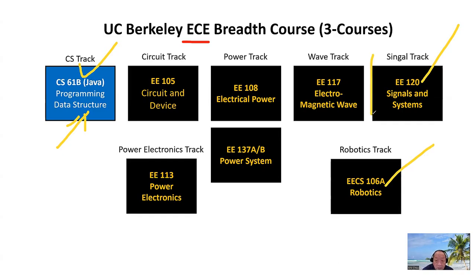These are the requirements if you want to stay as close to EECS as possible. And then, of course, if you prefer to go to the EE majors, there are different tracks: the microwave track, power track, electronics track, or circuits track. You can go to the different tracks. So these are the typical 3 in 8 courses.